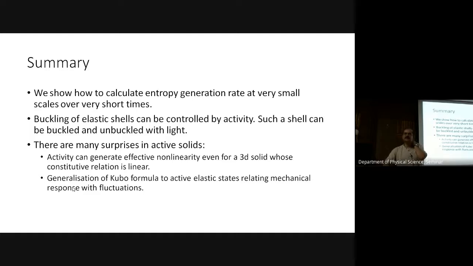But the simplest model that people use is to add what they call an active noise, and that is typically a time correlated noise. So far I have mostly stayed within that model, and that noise can be both in space and time. For example, if you are thinking of a cytoskeleton, you don't know exactly which motor is working where and pulling whom, right?